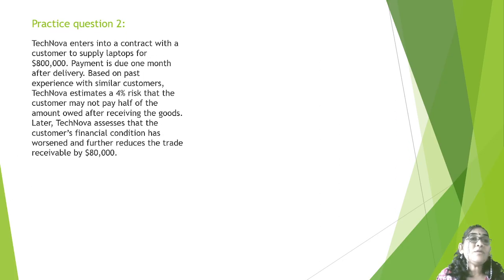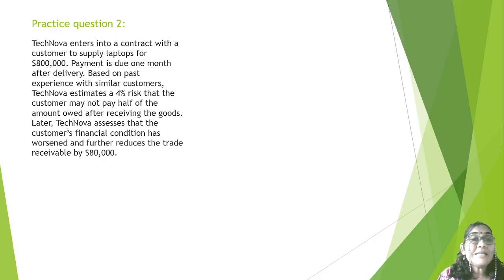The second practice question here is about Technonova, which enters into a contract with a customer for supply of laptops worth $800,000. Payment is due 1 month after delivery. Based on past experience with similar customers, Technonova estimates a 4% risk that the customers may not pay half of the amount owed after receiving the goods.